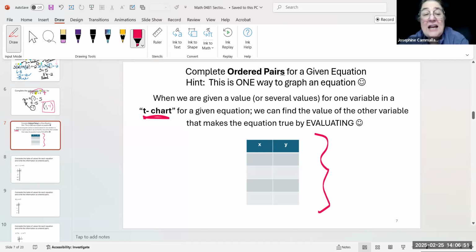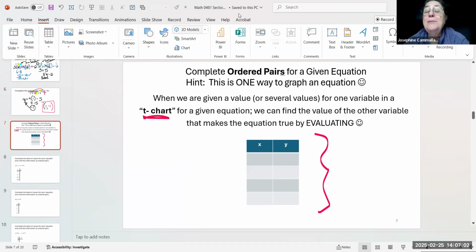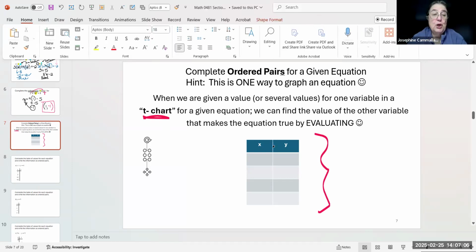Now, sometimes you may not need all 4. Technically, if you are aware of wonderful geometry, there's a concept that says 2 points make a line.